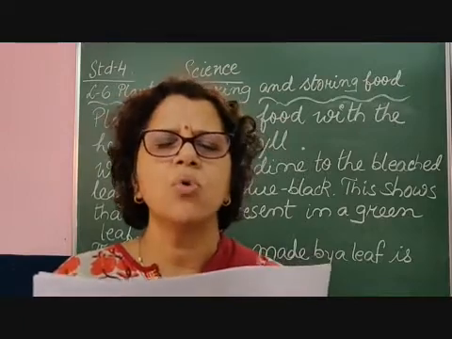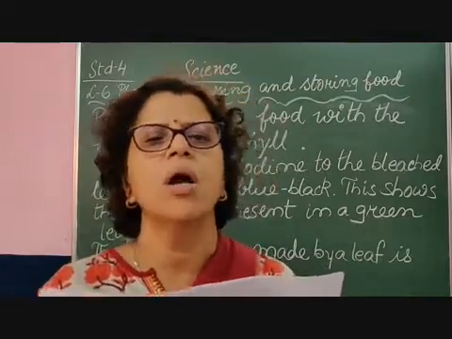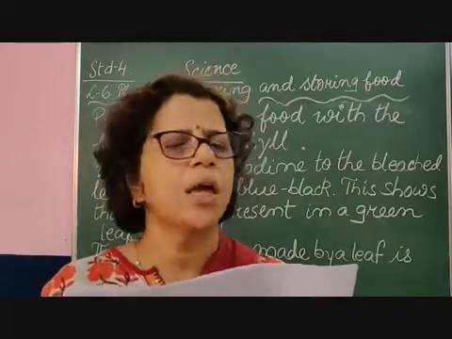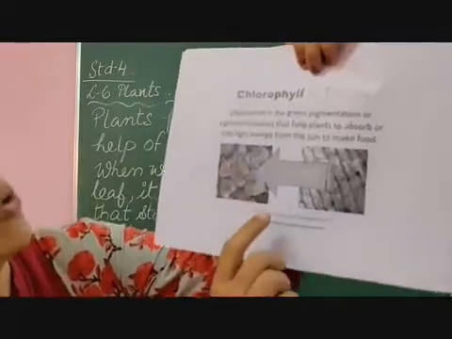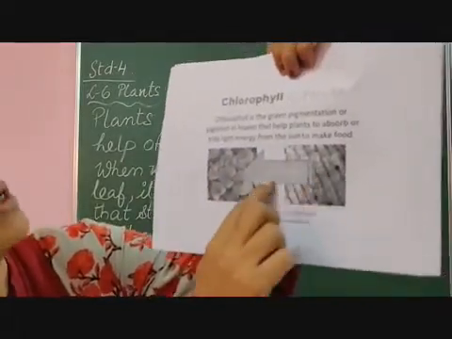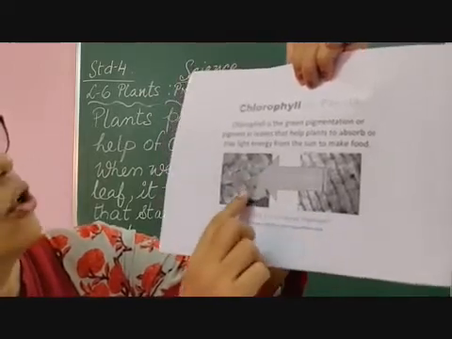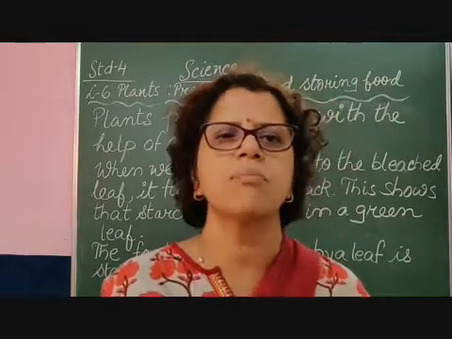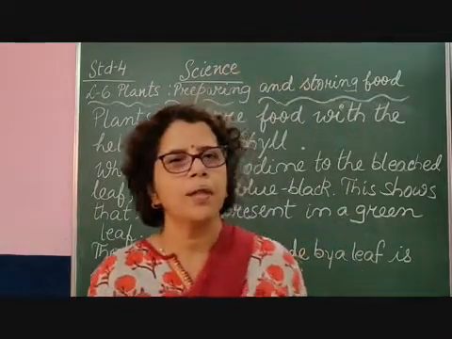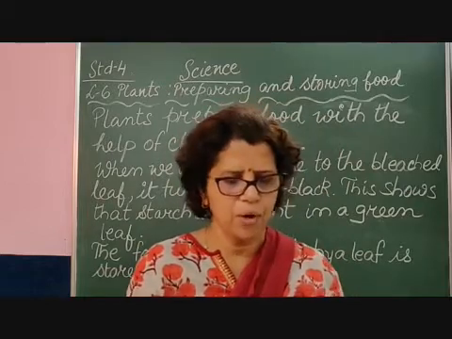That's why those plants which are not green in color, like we had talked about mold and mushrooms, cannot prepare their food because they don't have chlorophyll. And you can see they are tapping the sunlight, and this is the chlorophyll, green. Why is chlorophyll important? Because plants prepare their food with the help of chlorophyll. Only green plants can prepare their food.